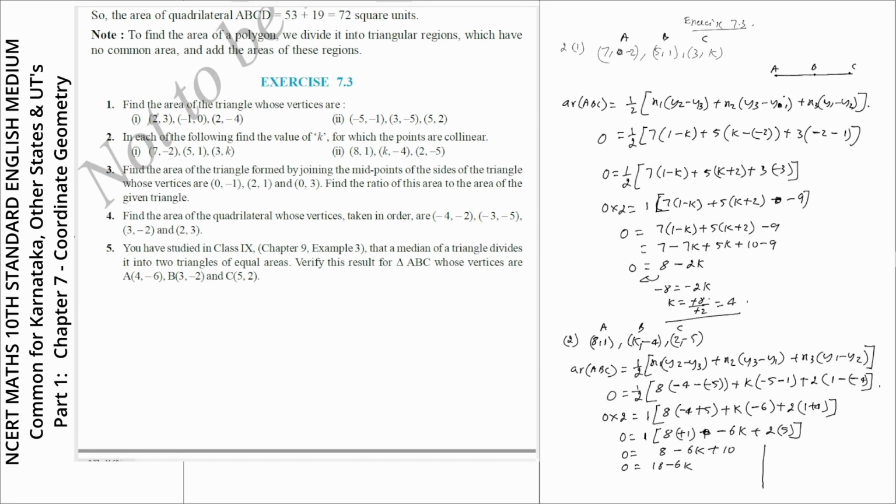Therefore I'll take 18 to the left hand side, so it becomes minus 18 is equal to minus 6k, so k is equal to minus 18 by minus 6, so minus will get cancelled, 6 1s are 6, 6 3s are 18, k is equal to 3.